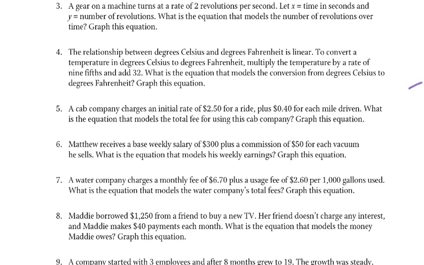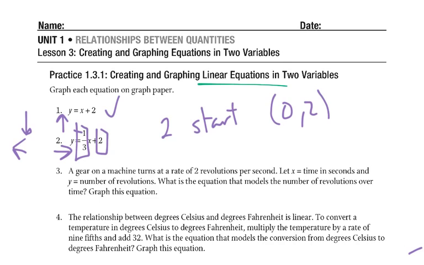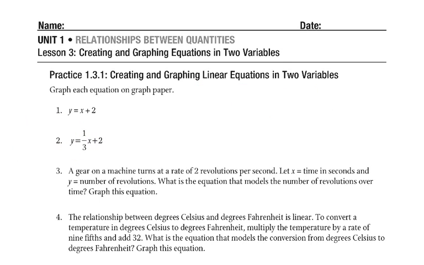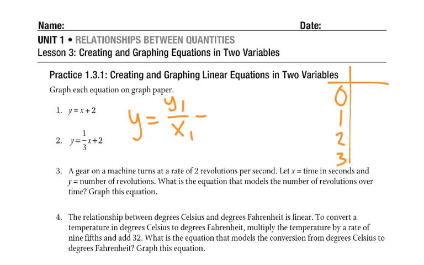I guess really quick to talk about that, when we make a table, those same numbers in y equals y sub 1 over x sub 1 times x plus b, that x sub 1 is how we see that x value growth.